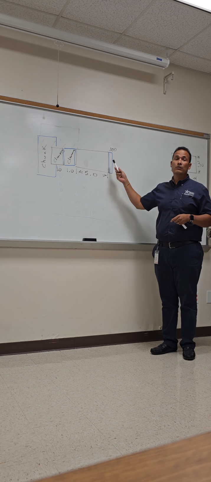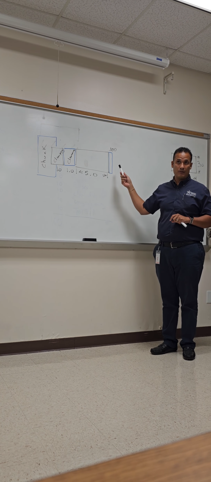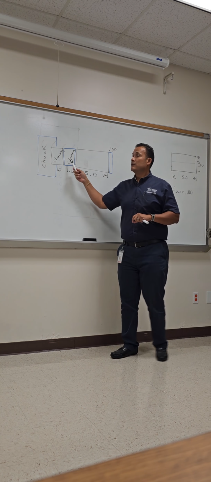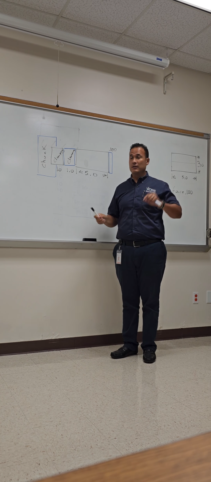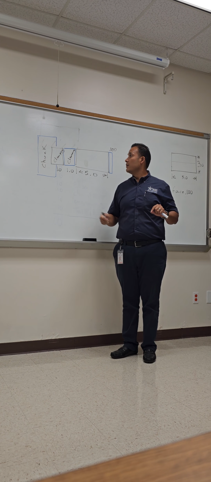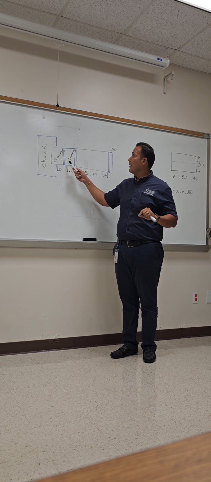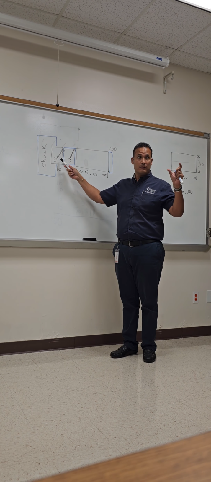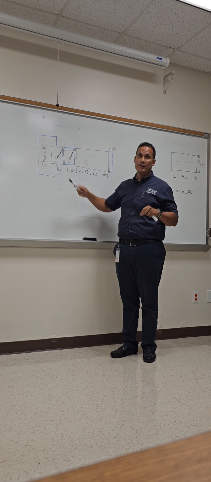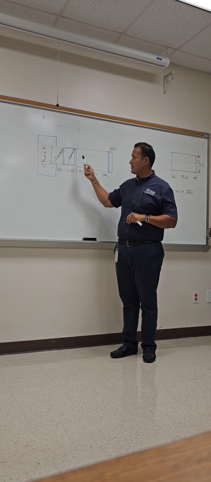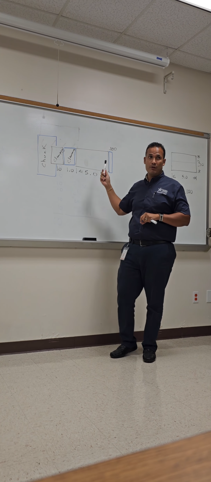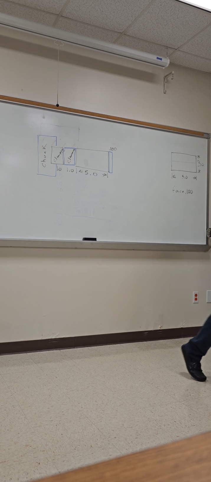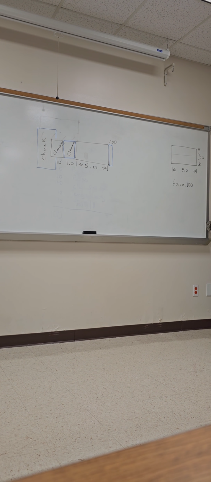Don't forget your 0.100 from facing, okay? Clearance is standard, 1 inch. And the holding, where we're going to be holding the part, is going to be 1 inch. So it's going to be 5, 6, 7, 7.1. Good? Make sense? A little bit?